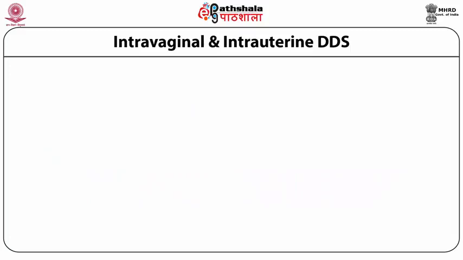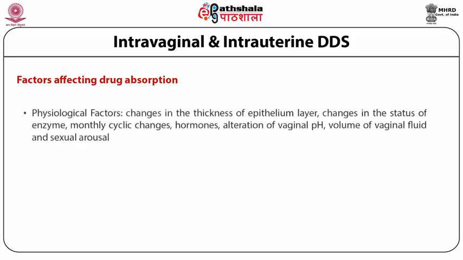In order to design suitably successful intravaginal and intrauterine controlled drug delivery devices, there are certain factors which need to be assessed. The first factor is the physiological factor, which includes the changes in the thickness of the epithelium layer, changes in the status of enzyme, monthly cyclic changes, hormones, alteration of vaginal pH, volume of vaginal fluid, and sexual arousal.